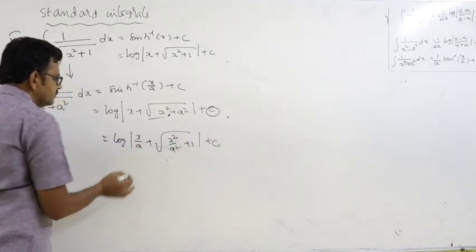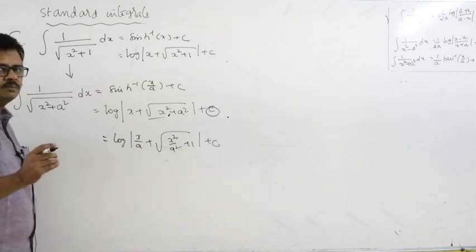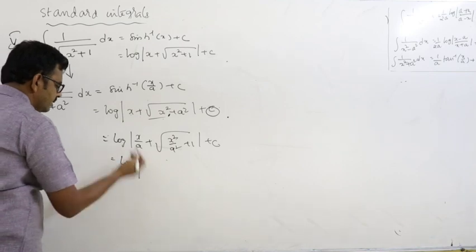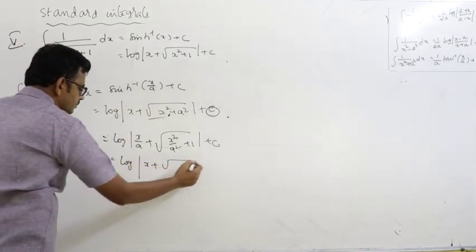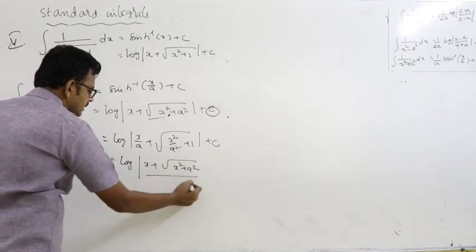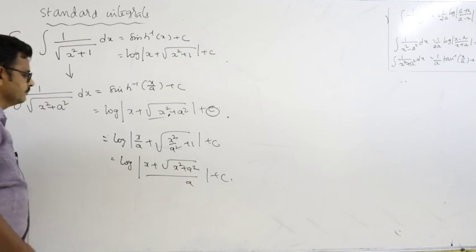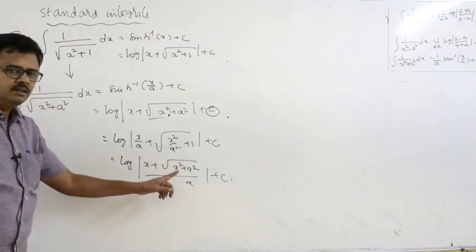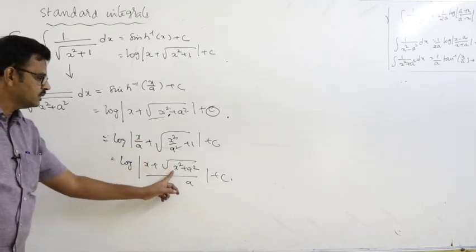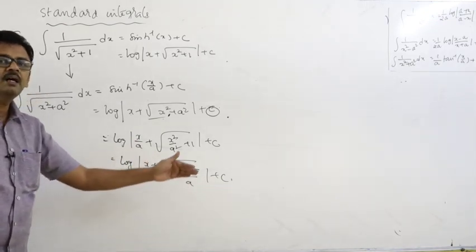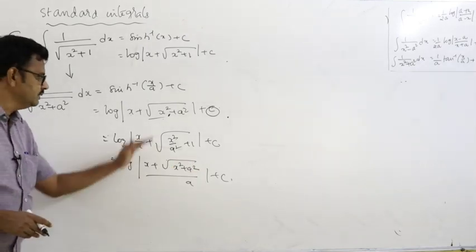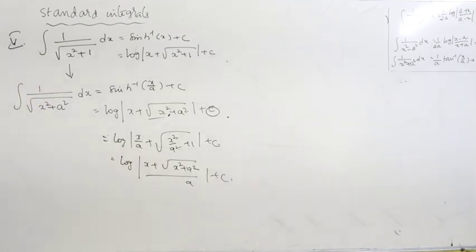Sir, this is correct. How is it correct? You have a small doubt. So, actually this, log of mod x plus root of x square plus a square by a plus c, log a by b is log a minus log b. So, this is log of x plus root of x square plus a square minus log a. Log a means what? Constant, that becomes c. That is why this is also correct.